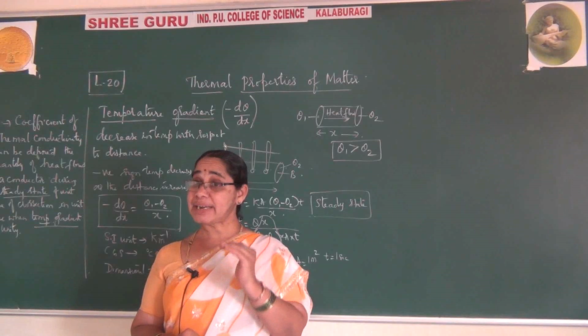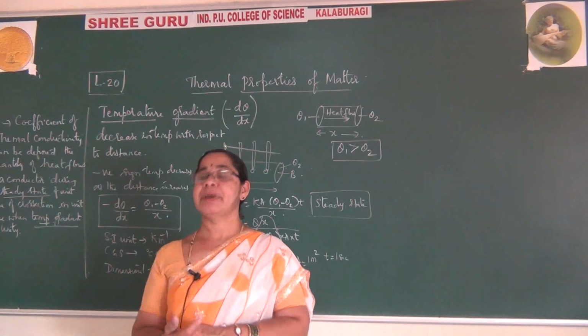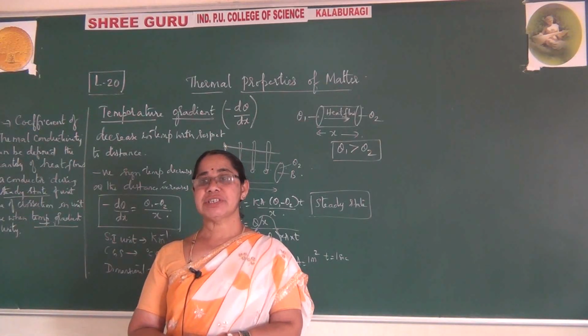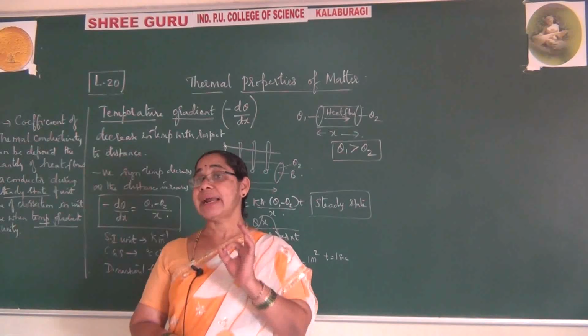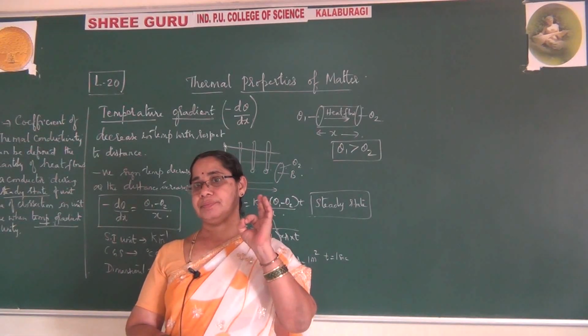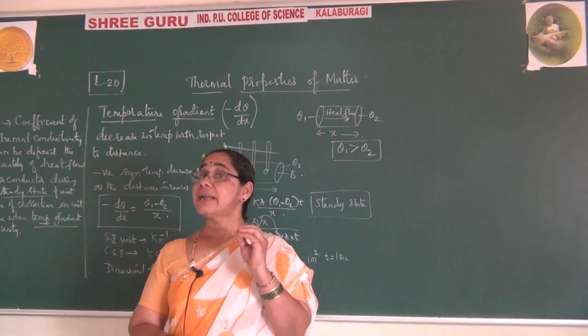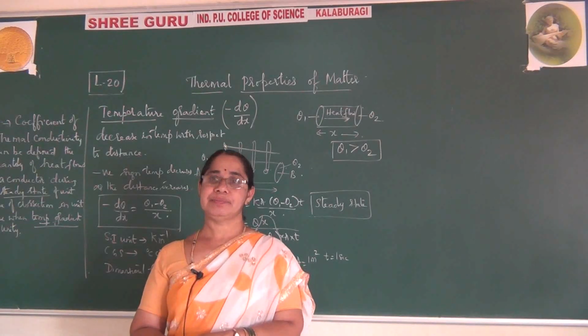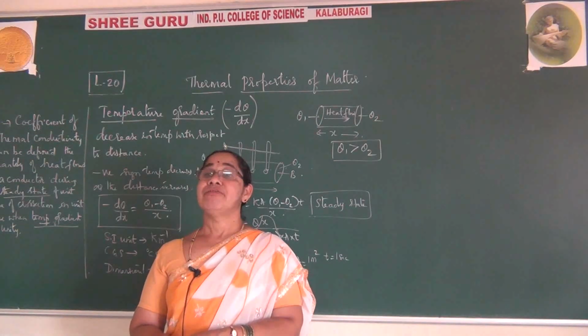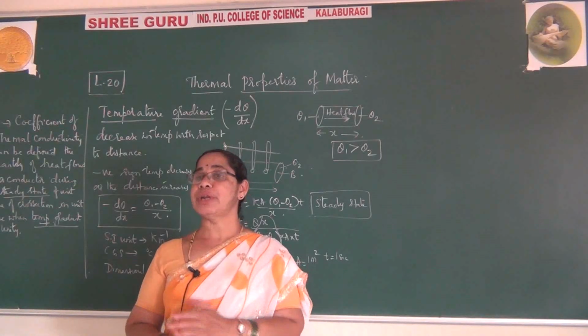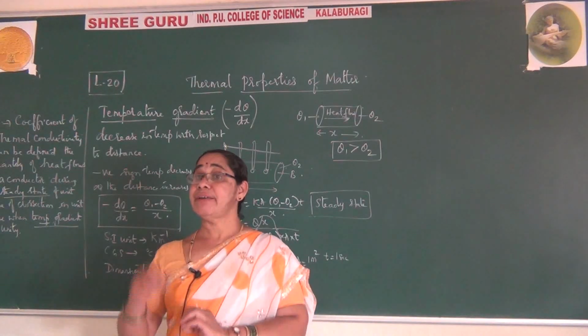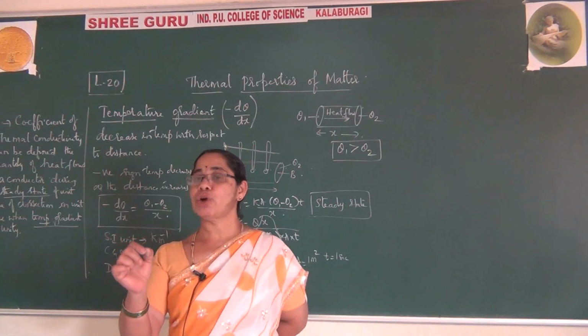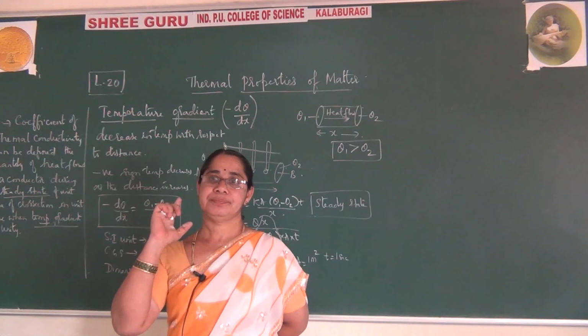Now 3 marks are completed. What is the 4th step? They will ask, write its SI unit. Again they will ask, write its dimensional formula. Finally, they may also include in the question, hence define the coefficient of thermal conductivity.